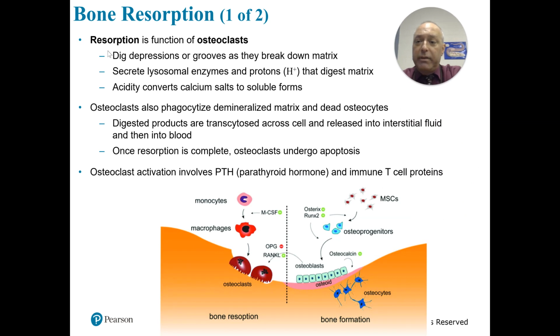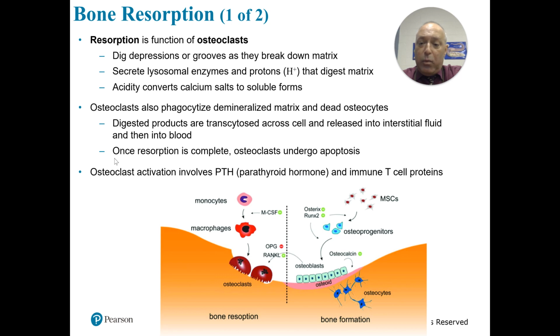So resorption is a function of osteoclasts. They dig depressions and grooves as they break down the matrix. They secrete lysosomal enzymes, and the osteoclasts also phagocytize demineralized matrix or dead osteocytes. They break them down.